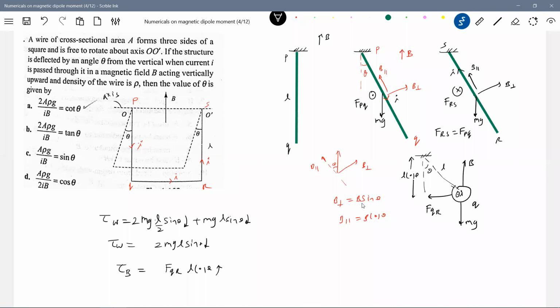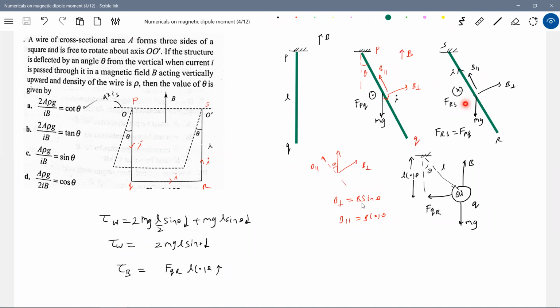And how will it be? It will be in this sense. Both are in the same sense, no? Both are in the same sense.